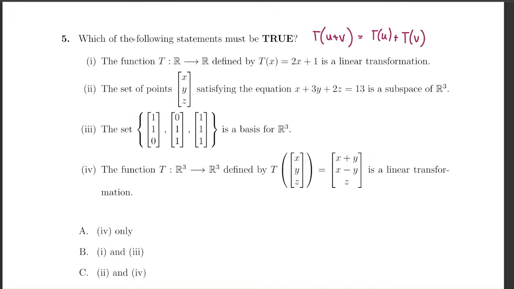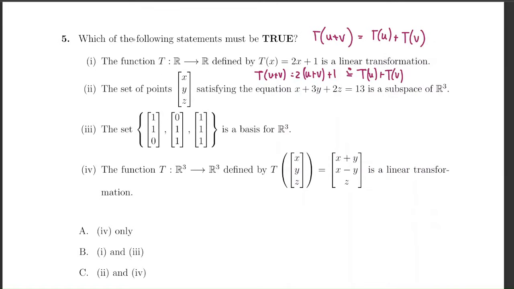Okay, in this case, let's try that. This is just for addition. If it's closed under addition, it is a linear transformation. So T of u plus v is equal to 2 times (u plus v) plus 1. And is that equal to T of u plus T of v?